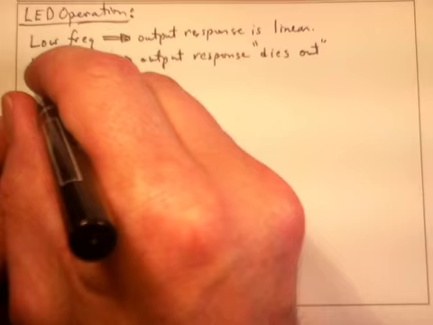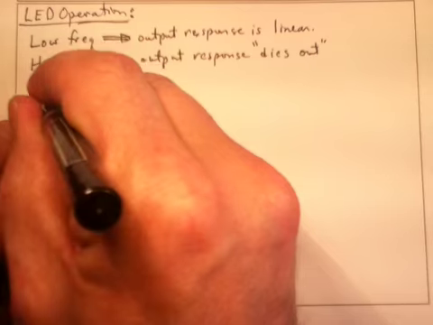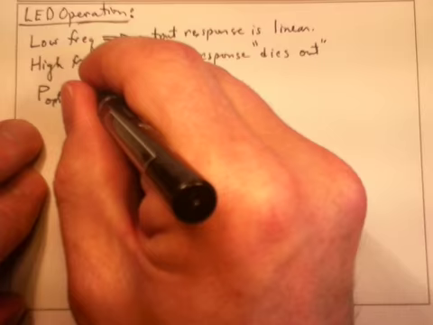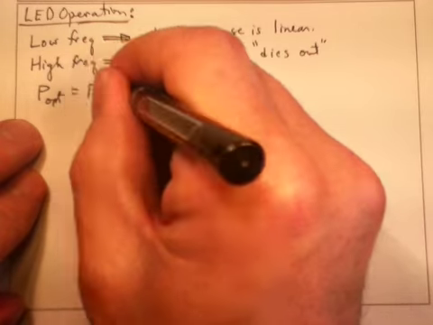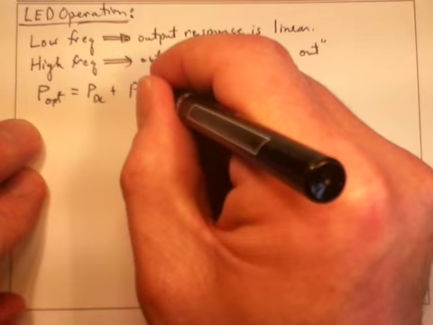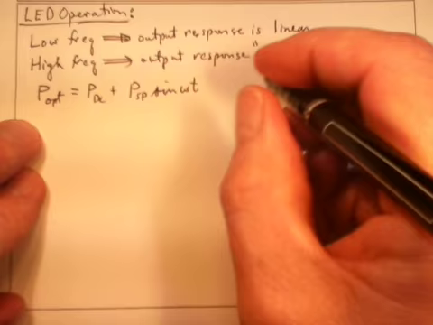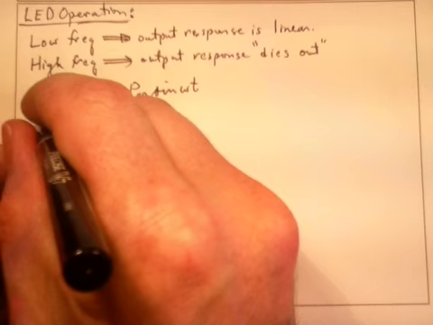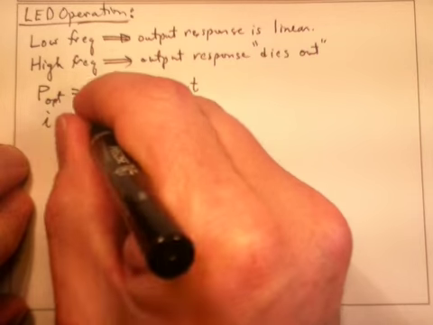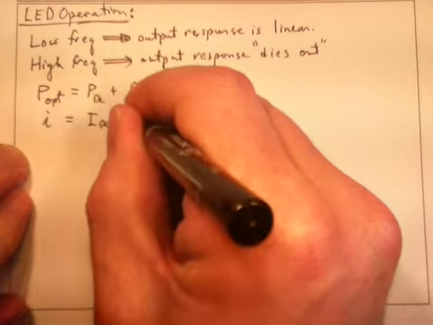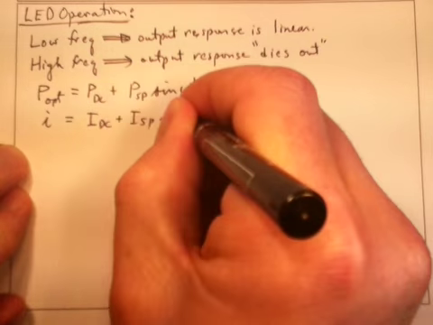Remember we have P_opt equal to P_DC plus P_SP sine of omega t, when I is equal to I_DC plus I_SP sine omega t.